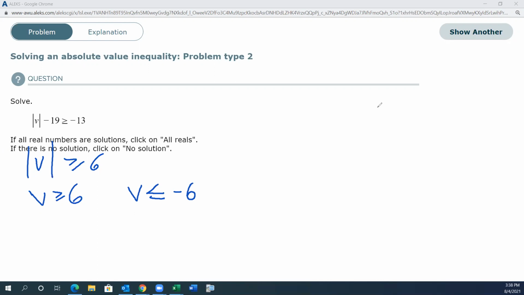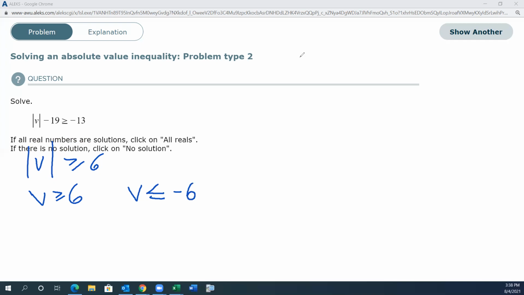Now, the only question is, do we combine them with an "and" or an "or"? Here's how we tell. Once the absolute value expression is isolated, like it is right here, that's when we determine.